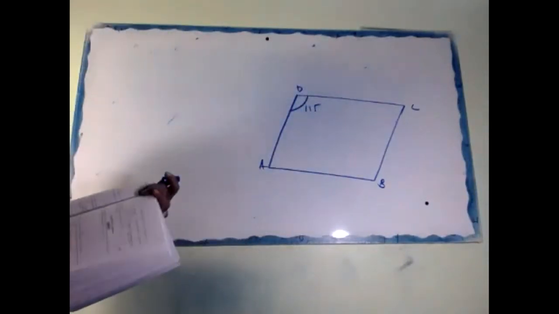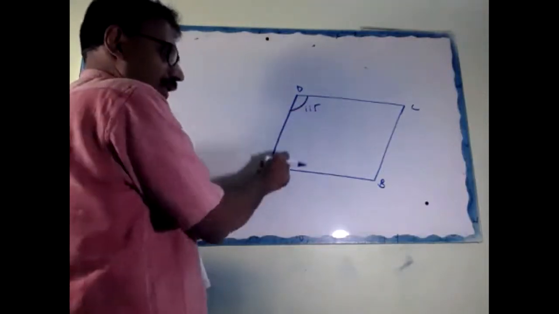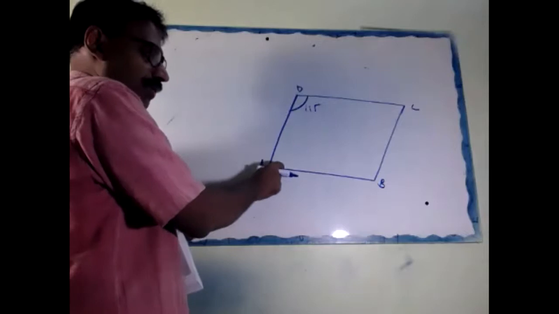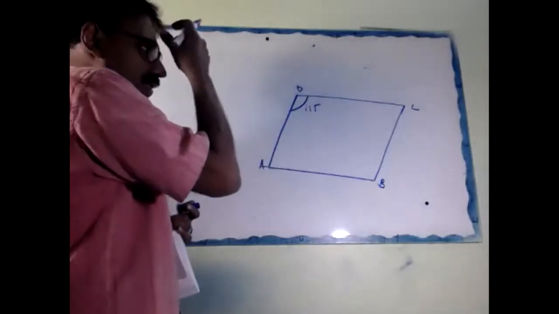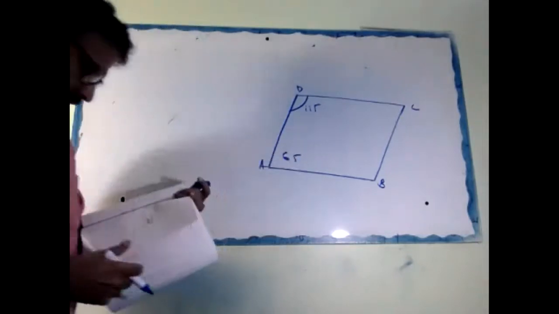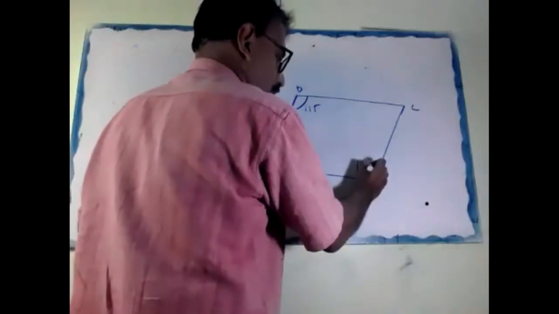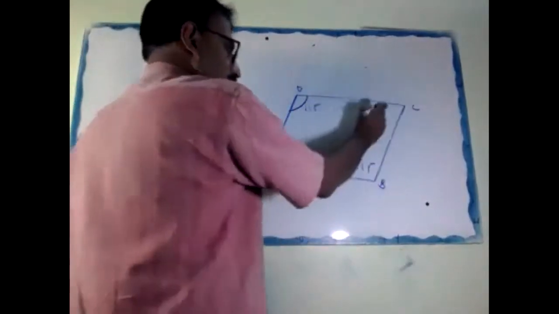Find angle A and B. This plus this one is 180, correct or no? How much is that? 65. So A is 65. This is 115, opposite angles are equal. This is 65, this is 65.